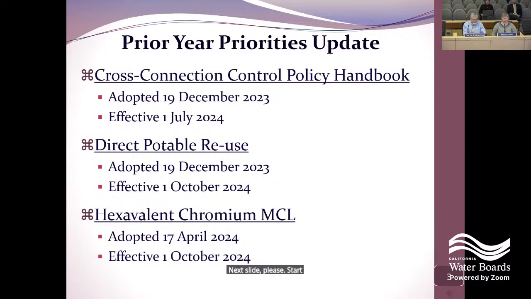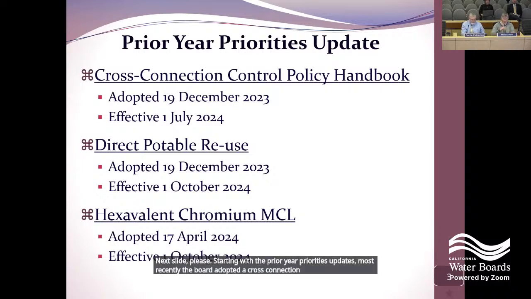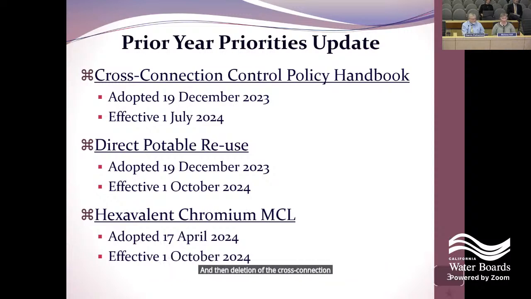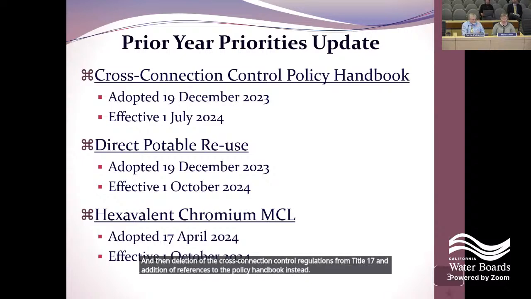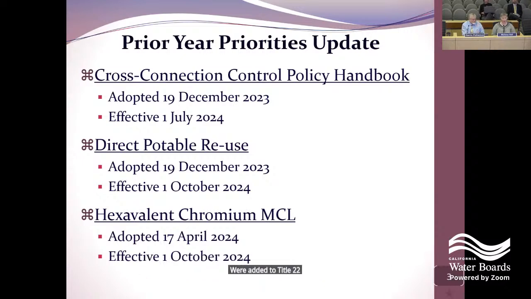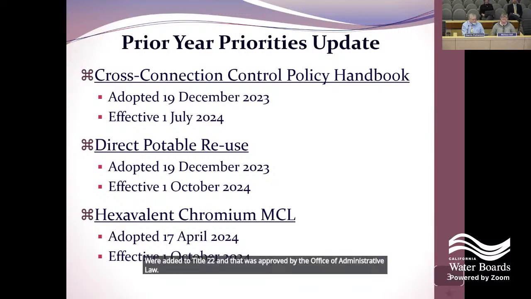Starting with the prior year priorities updates, most recently the board adopted the cross-connection control policy handbook in December 2023, which took effect July 1st of last year. And then deletion of the cross-connection control regulations from Title 17 and addition of references to the policy handbook instead were added to Title 22, and that was approved by the Office of Administrative Law last November.